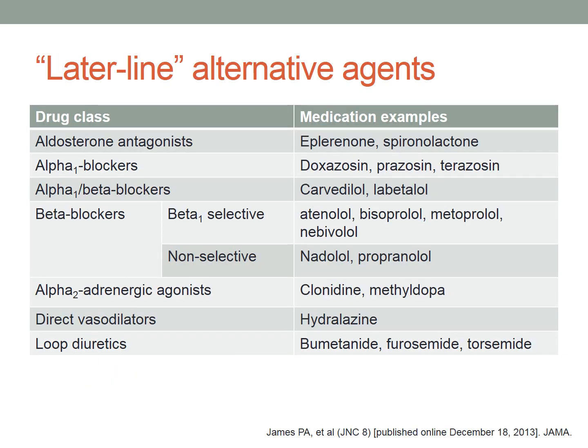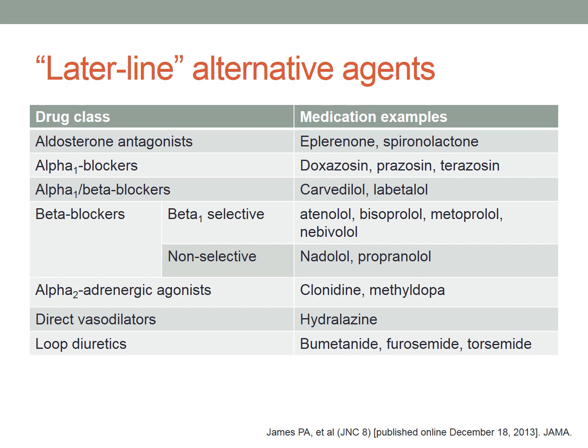So this table includes some other drugs that are used for the treatment of hypertension, but we won't cover them in depth in this lecture because the guidelines have now designated these medications as later line alternatives for the treatment of hypertension. You may see some of your patients in your primary care practice on these medications for their hypertension historically, based on previous versions of the hypertension treatment guidelines.